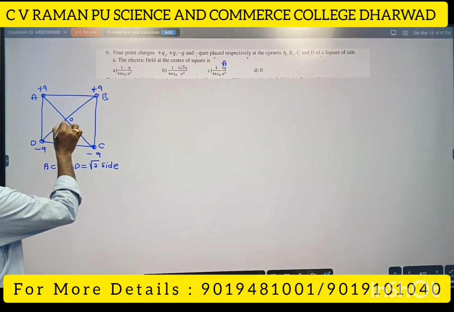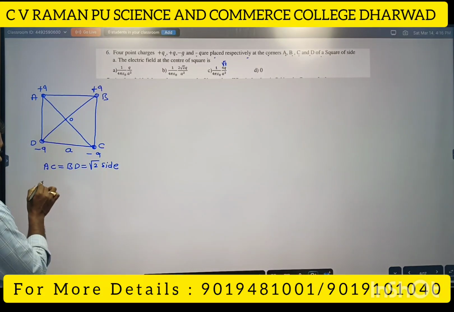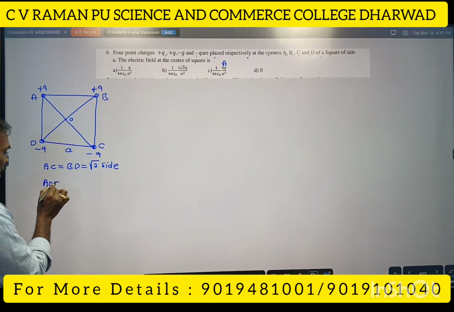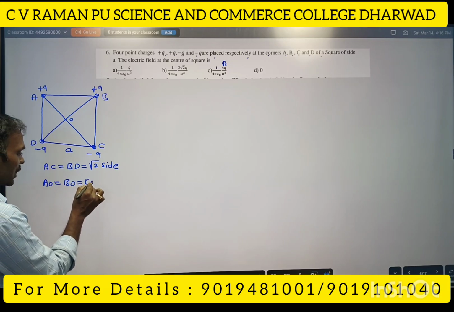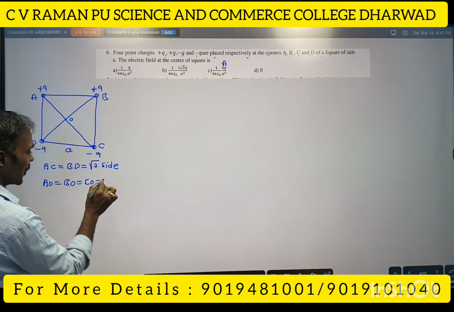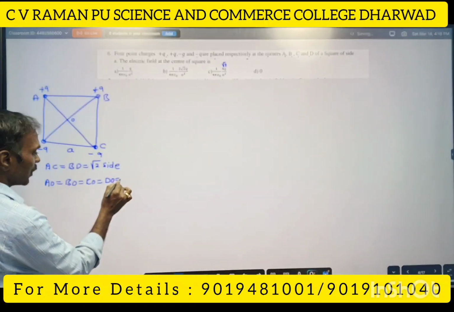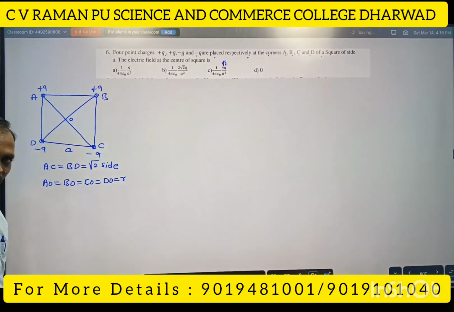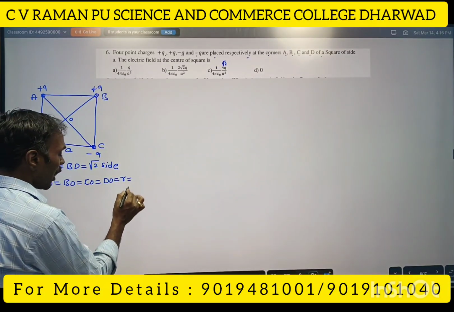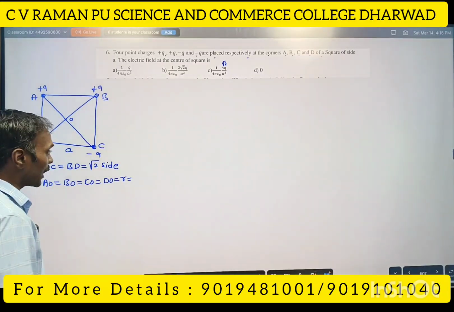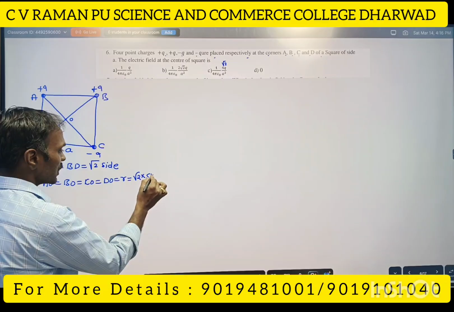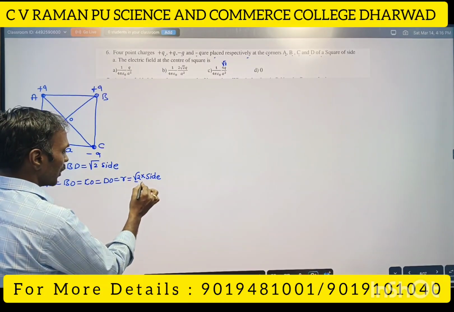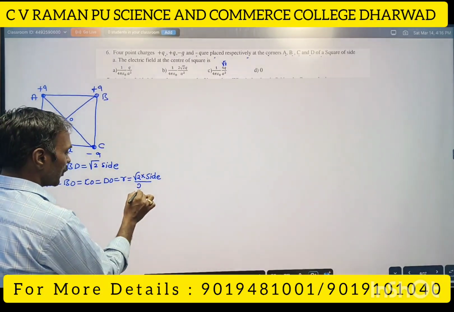So to calculate electric field at the center, we need a distance AO is equal to BO is equal to CO is equal to DO, that I represent by notation R, is equal to half the length of the diagonals, root 2 into side divided by 2.